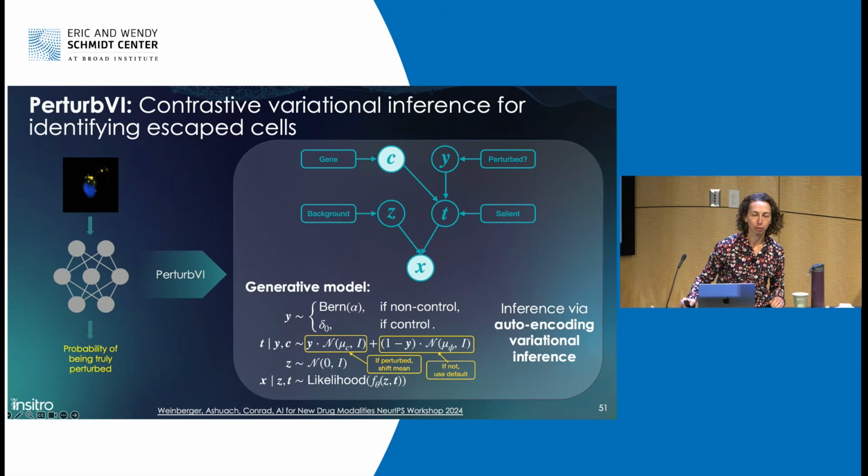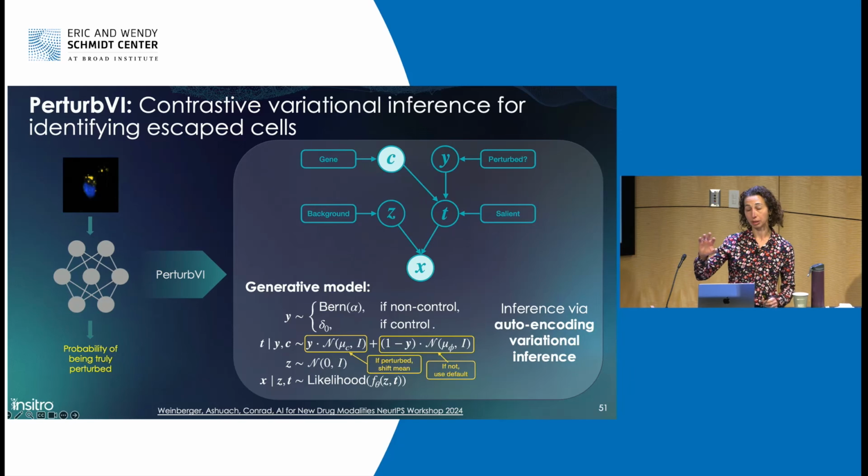To address this, we've developed a generative model that says with some probability, a non-control cell may actually not be perturbed. In particular, we take a contrastive variational autoencoding perspective, trying to disentangle background from salient signal using our control cells.